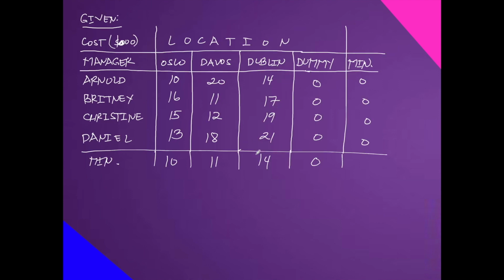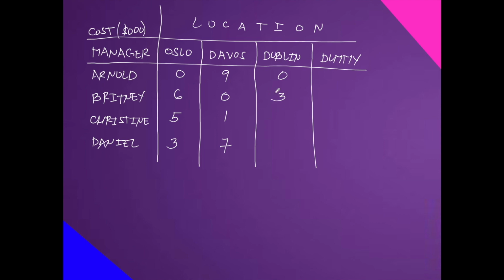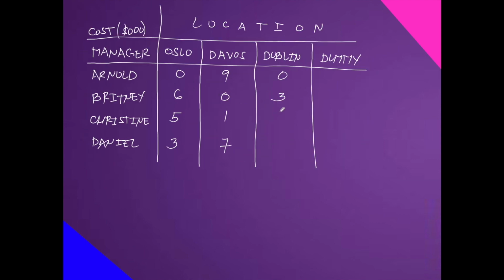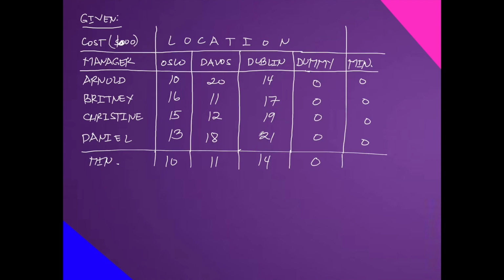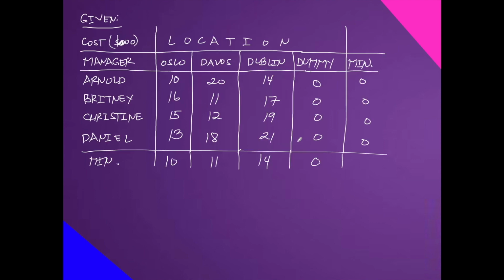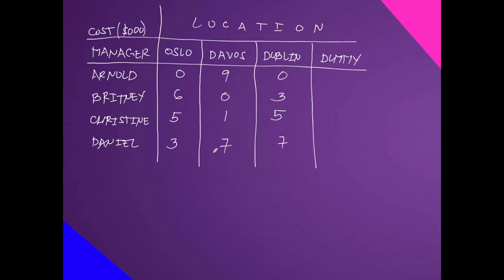Next, 17 minus 14, that is 3. Next, 19 minus 14, that is 5. Okay. Next, we have 21 minus 14, that is 7. Okay, for the dummy, since ang minimum nila is 0, then lahat sila 0. So, lahat ito will be 0 pa rin. Yun. Okay.